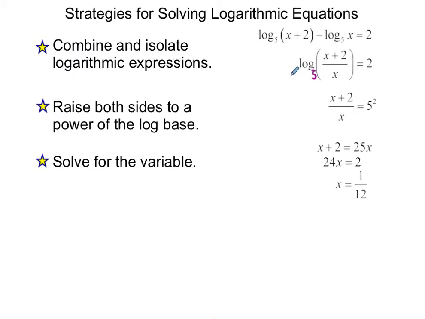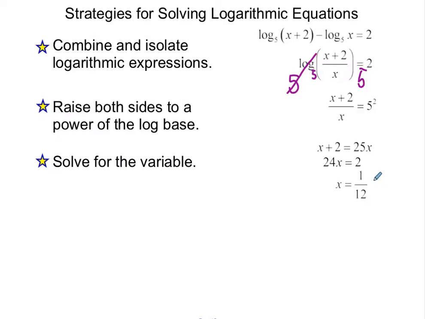So we're going to raise each of these as exponents with base 5. These cancel, and I end up with x plus 2 over x equals 5 squared. Then at that point, I need to solve for x. I multiply both sides by x, and then isolate x, and I get x equals 1/12.